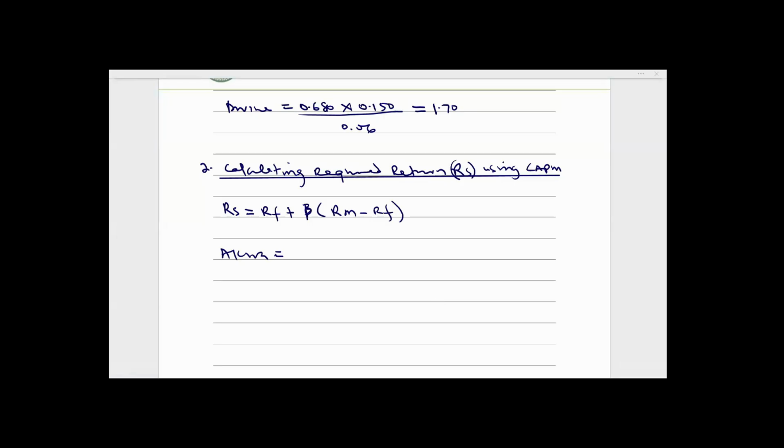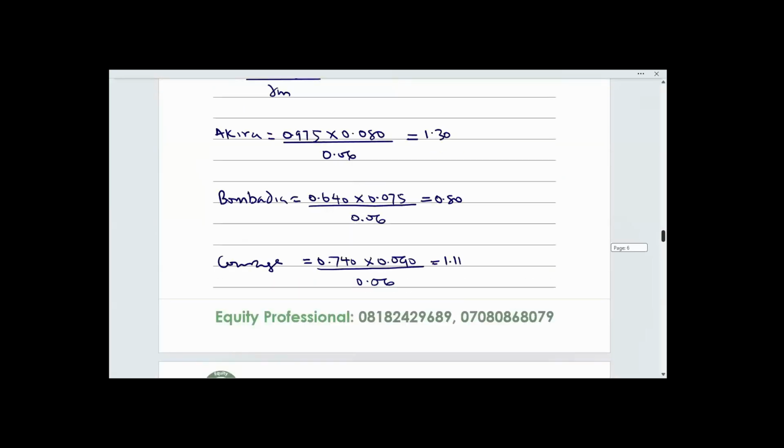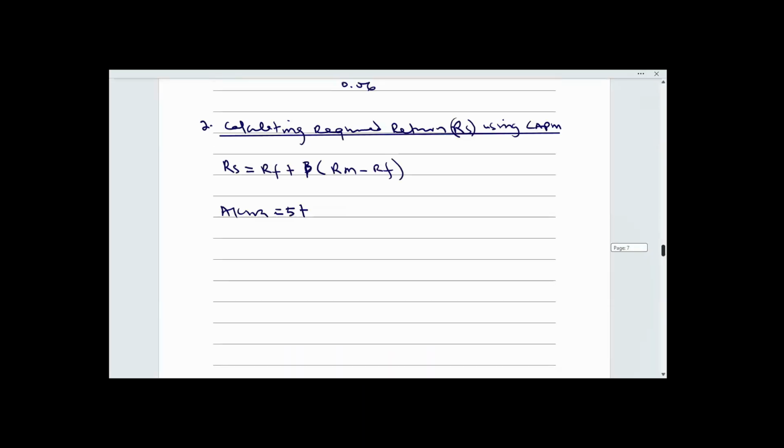So I would then come here. Risk-free rate of return is 5. What is the beta of Ahira? We calculated beta of Ahira to be 1.30. Market return, we are given 10%, minus risk-free rate of return of 5. So give it to me. What do you have there?